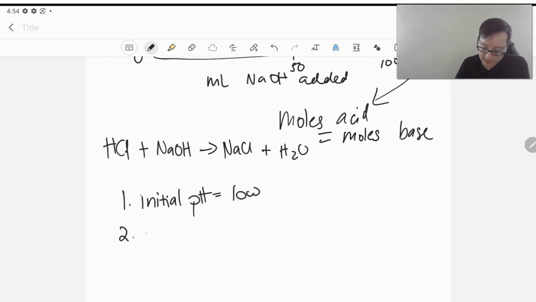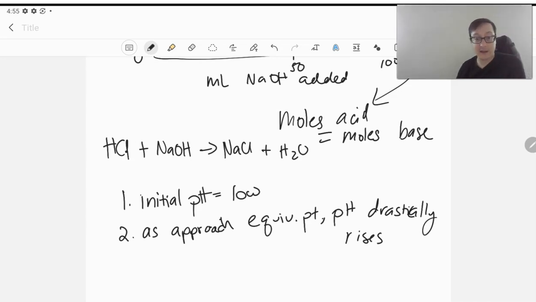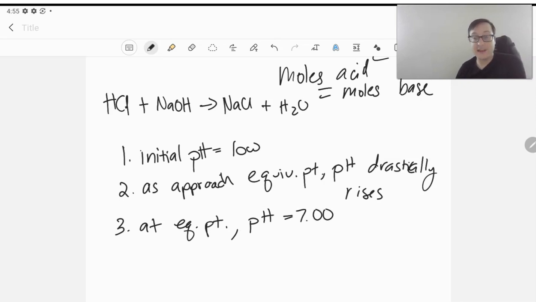As we approach the equivalence point, the pH drastically rises. At the equivalence point, the pH is 7, because we're only seeing NaCl in there, with negligible acid or base.